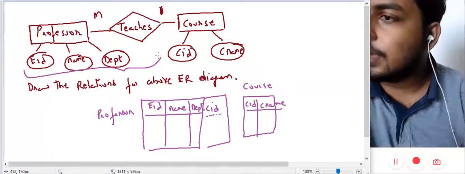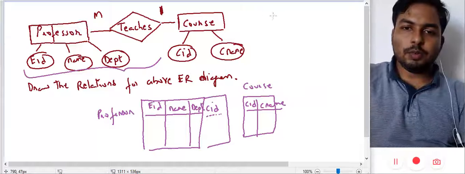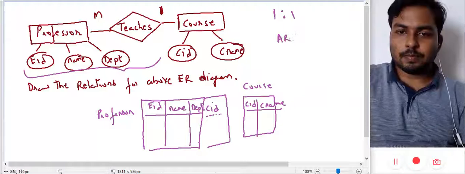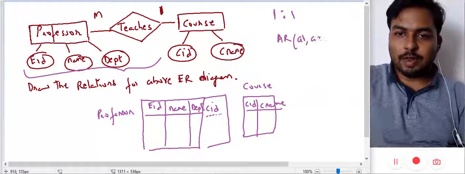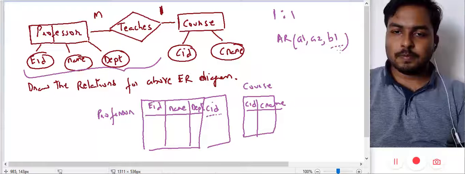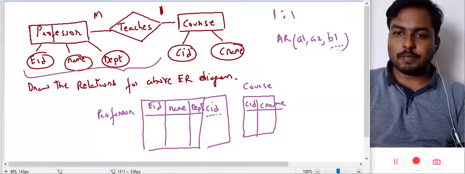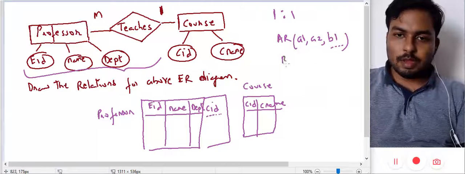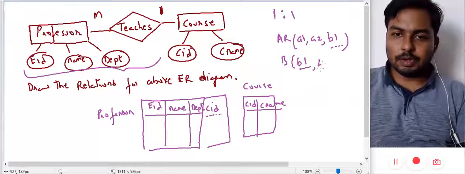Did I tell you that in a one-to-one model, when you're clubbing AR, you'll have A1, A2, and B1 will be the foreign key there? Another table will be B1 and B2.